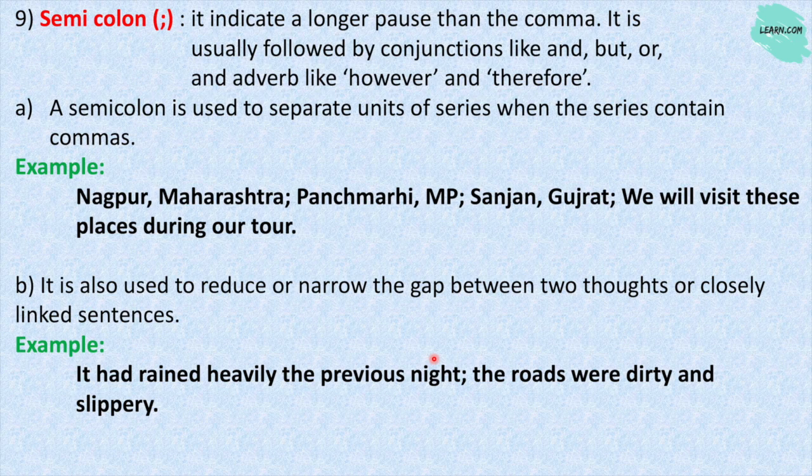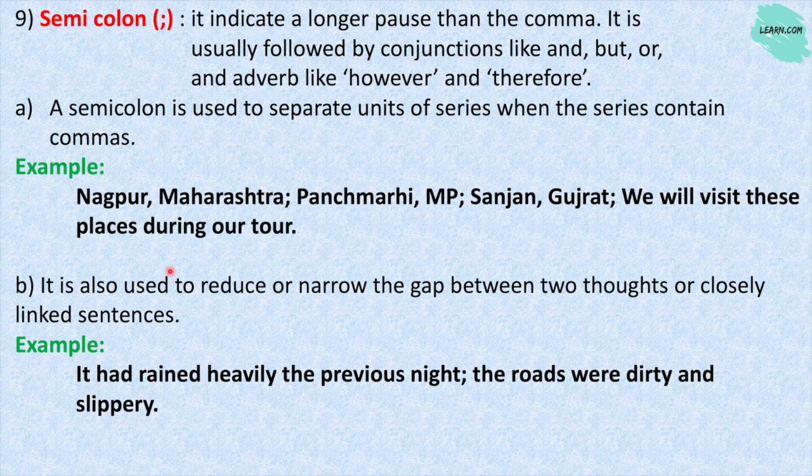First one is a semicolon is used to separate units of series when the series contain commas. Now when we are writing several units of series and these units contain commas, then such units are separated by semicolon. Like here you can see: Nagpur, Maharashtra; Panchmari, Madhya Pradesh; Sanjan, Gujarat.